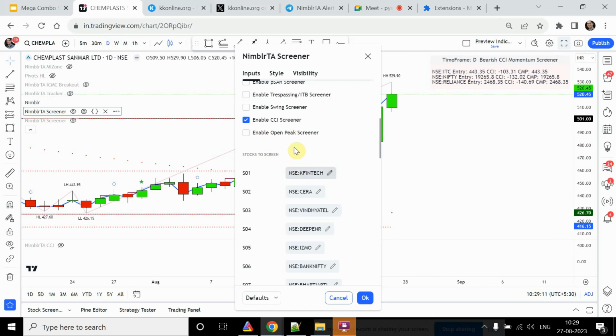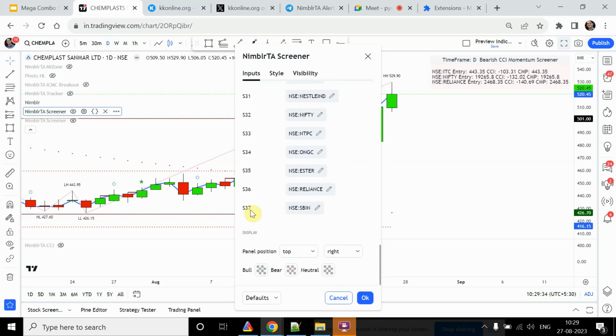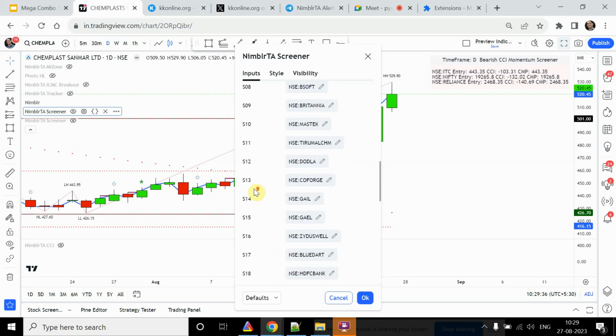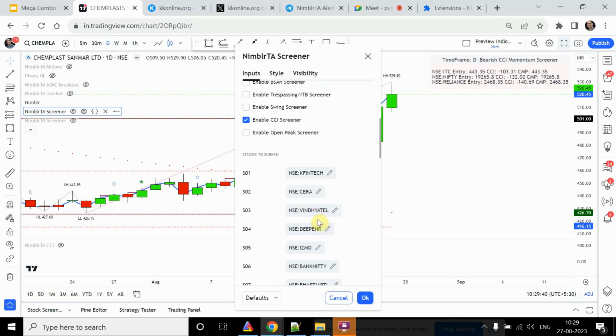Over here, I have added multiple stocks of my interest, which I wanted to be available in the watch list, maybe which I was tracking, or maybe if we have done our analysis, I would like to watch what those levels are, or maybe it might give good open values at that moment of time. From S01 till S37, we have 37 stocks, and this we can easily change by clicking on a particular stock.